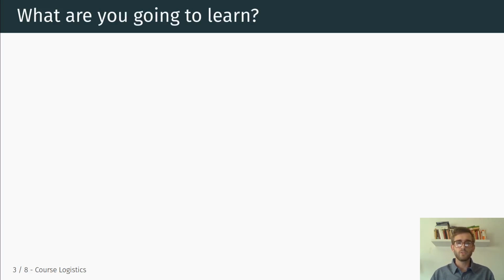So what are you going to learn in this course? First of all, we'll do a lot of hands-on programming using the statistical package R. We'll also use R Markdown and probably a little bit of LaTeX. Those are two environments that will help us communicate our results in our research projects in a reproducible way.